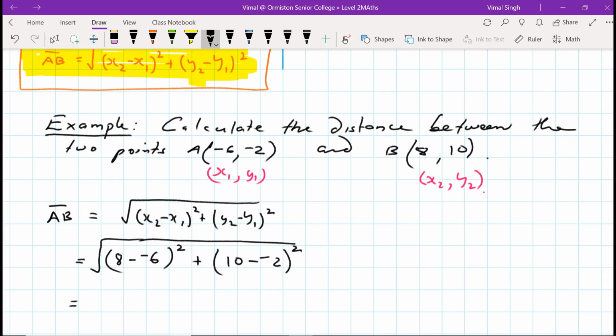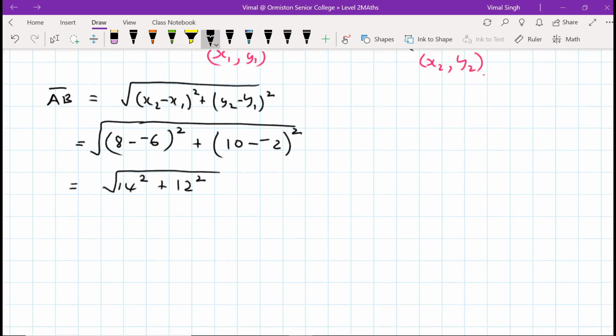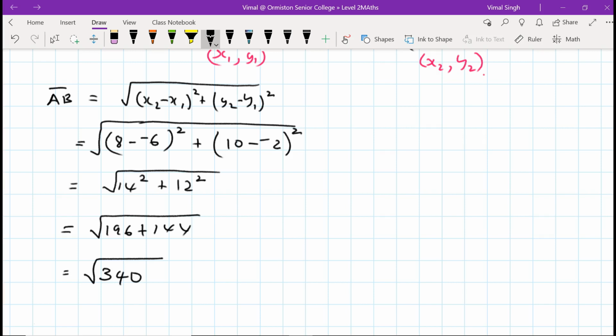Okay, so 8 minus 6 is going to be 14 squared plus 12 squared, and 14 squared over here is going to be 196 plus 144. So it's going to be the square root of 340.